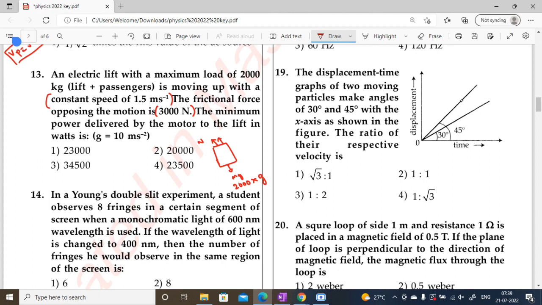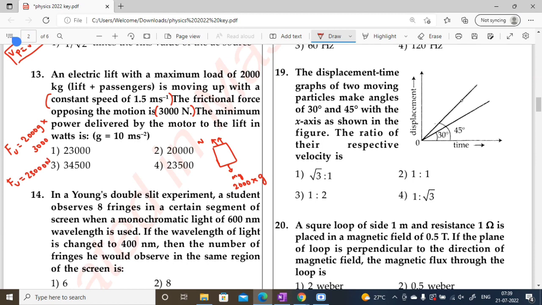So adding it up, 2000 g plus 3000 N. The total force acting upward is 2000 into 10, g being the acceleration due to gravity, plus 3000. So the total force value acting upward will be 23,000 Newton, because when I multiply 10 with this, that becomes 20,000. So 23,000 Newton. We got the force value.